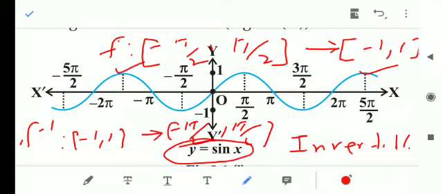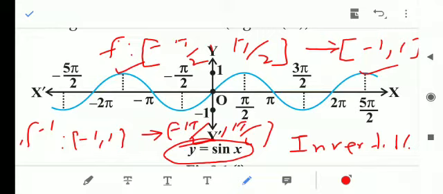One point is clear: in order to make the function y equal to sin x an invertible function, we have to restrict the domain from R to minus pi by 2 to plus pi by 2, and the function is directed from minus pi by 2 to plus pi by 2 to minus 1 to 1.